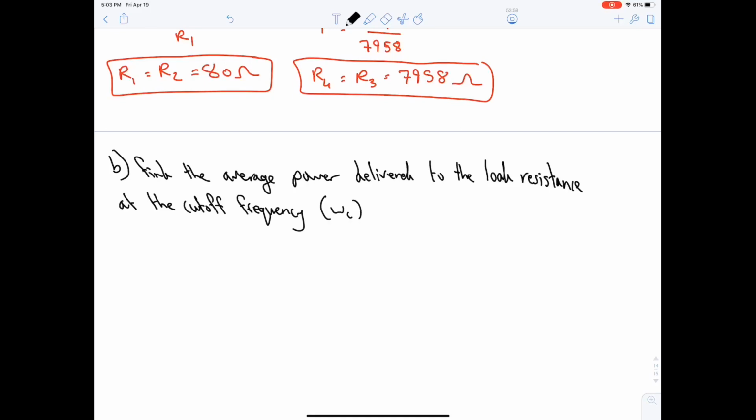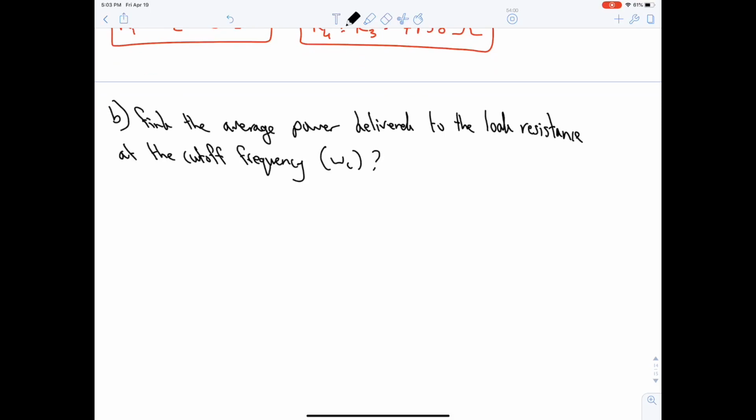Omega C. Okay? Omega not actually. Yeah, omega C. Sorry, cutoff center, that is.